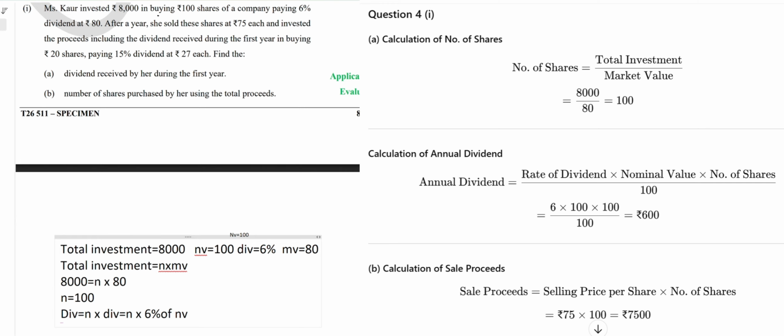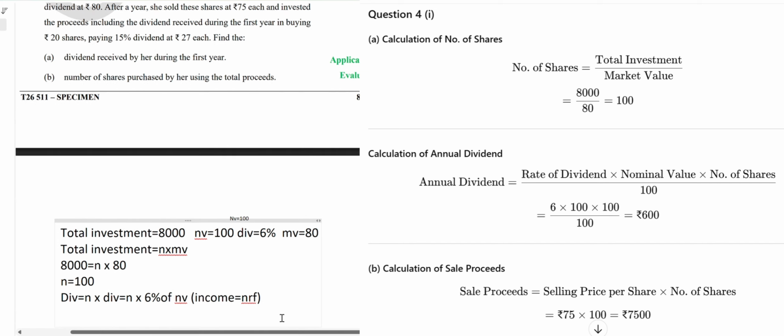Dividend equal to N into 6% of NB, that is known as NRF. We know that income or dividend equal to NRF, where N is the number of shares, R is the rate of dividend, and F is the face value.